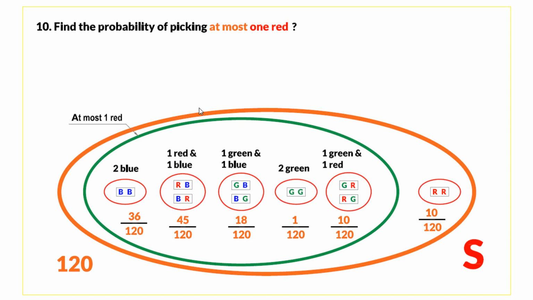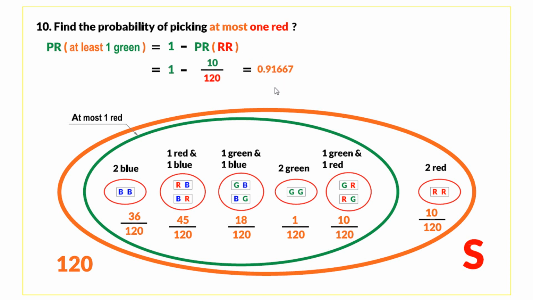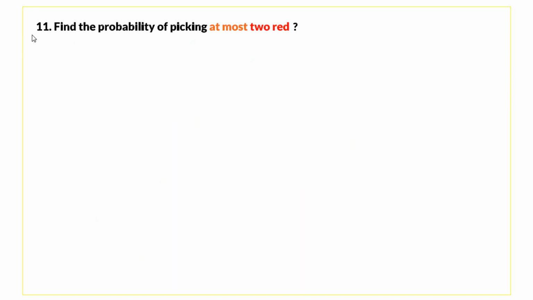So we notice that this event, I'm picking two red. These two events are complements of each other. So in this case, the probability of at most one red is 1 minus the probability of picking two red, and that is 0.91.